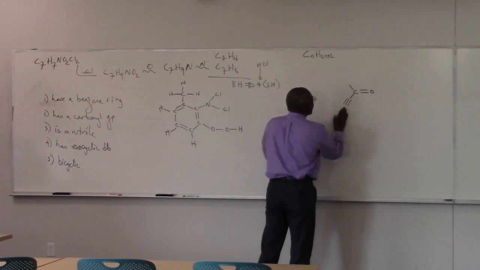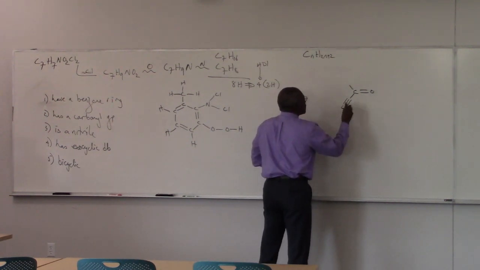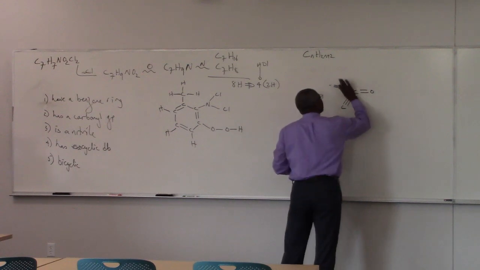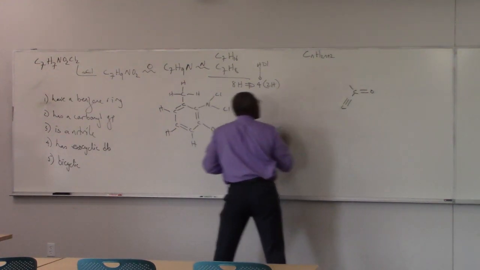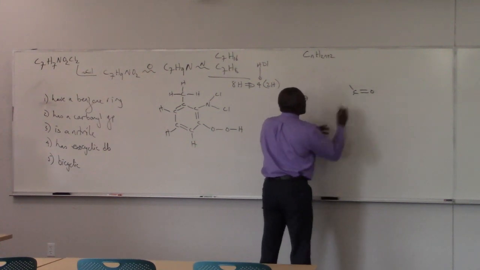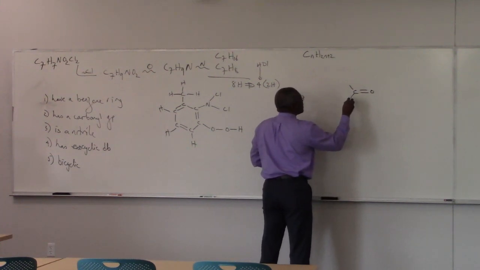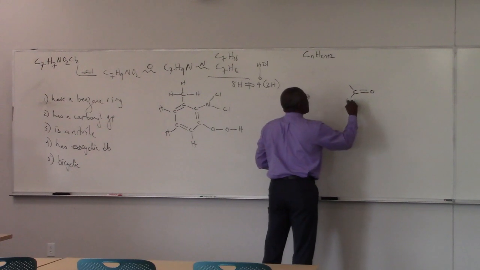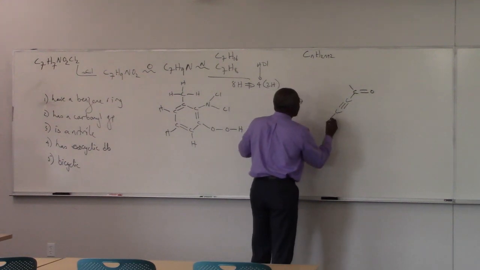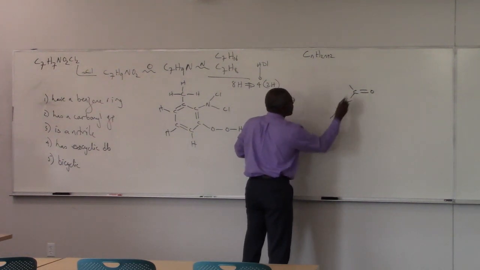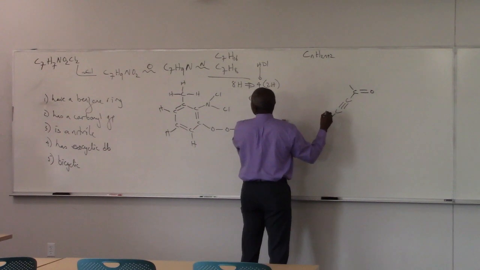So I'm going to go ahead and say that C is a carbon here with a triple bond here. So that's 1, 2, 3 carbons. And I'm going to go ahead and try to put a ring in. So let's say 1, 2, 3. I've got 4 more carbons.